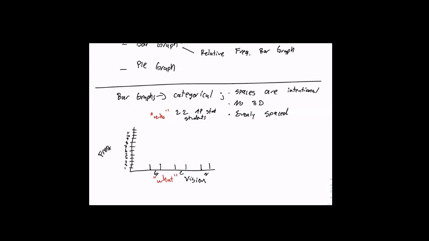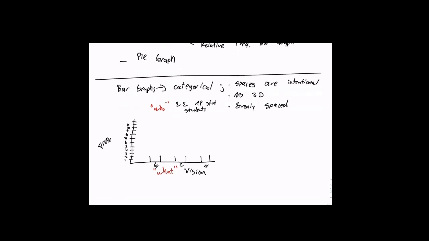Now notice my y-axis marking spacing is as evenly spaced out as possible. Now, how many had glasses? You said 11. 11 had glasses? Yes. So my bar will go to 11. And just for posterity reasons, I'm going to write 11 just to make sure I can see that that's 11. How many people had contacts?